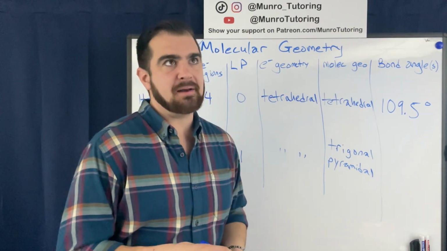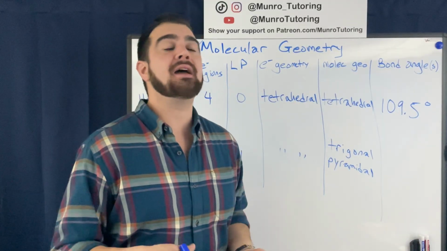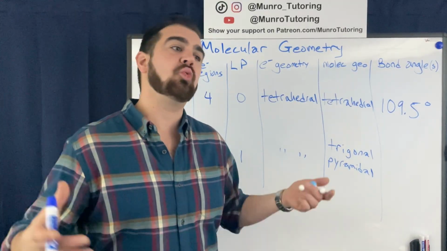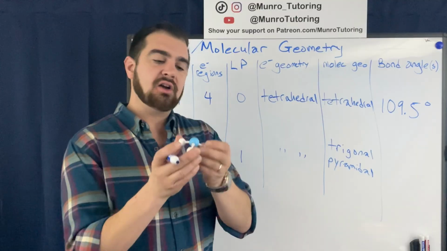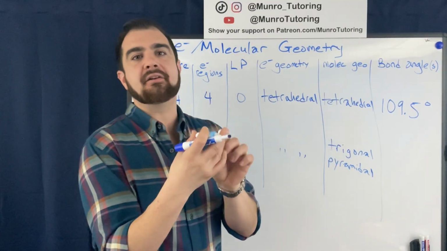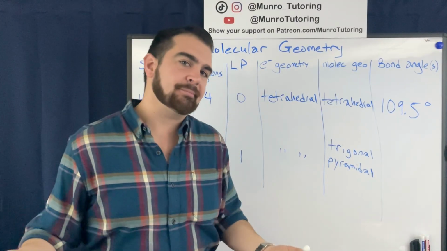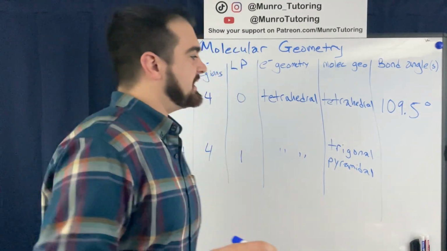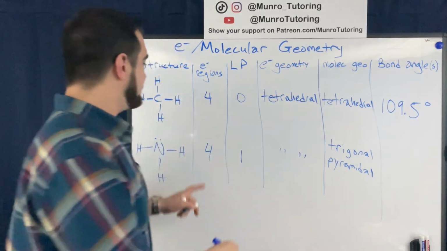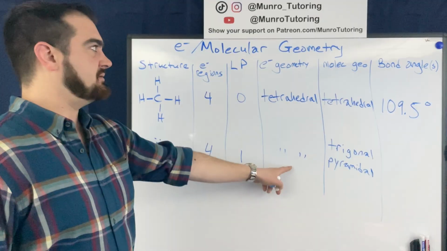But again, if I replace the hydrogens with chlorines or bromines, then it may not be as drastic a push to squeeze them together, because if the atoms are really large, they're going to run into a place where they can't be squeezed that close together. So without overcomplicating this, the point is when we have four electron regions, we have the tetrahedral electron geometry.